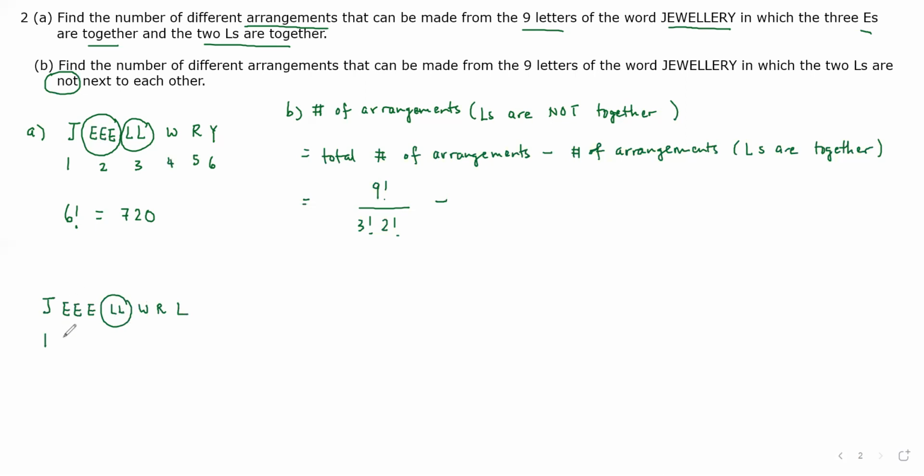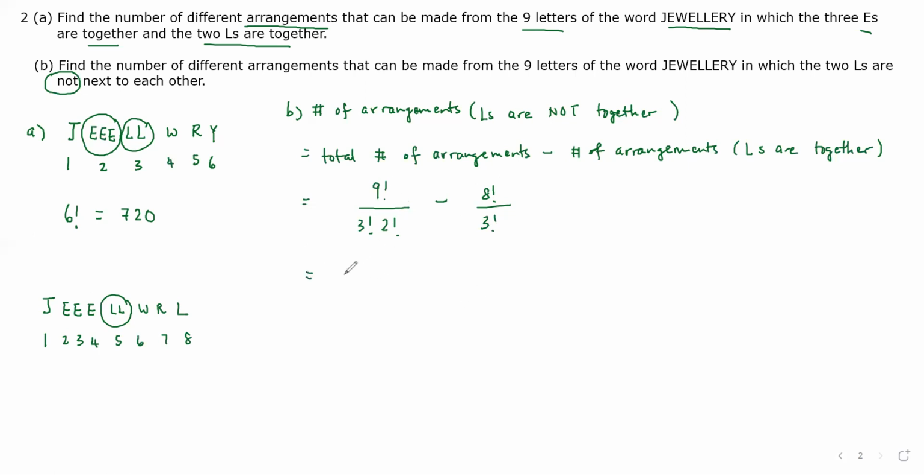So in total, you have 1, 2, 3, 4, 5, 6, 7, 8 objects here. Then the number of arrangements where the L's are together is given by 8 factorial. The 3 E's are repeated objects, so we must divide by 3 factorial.